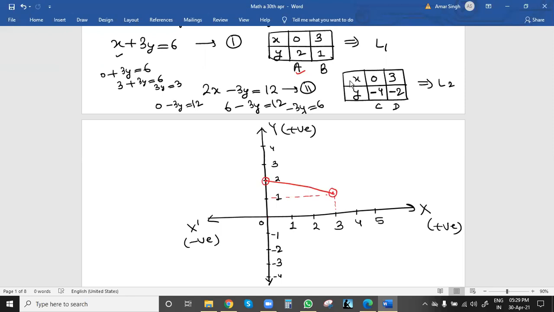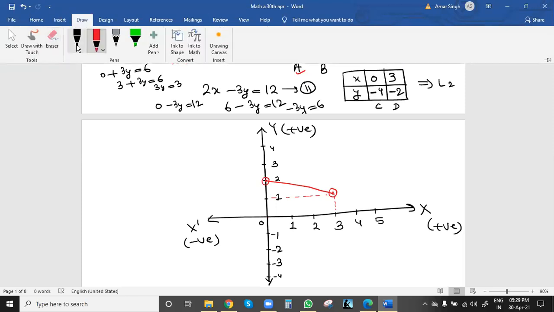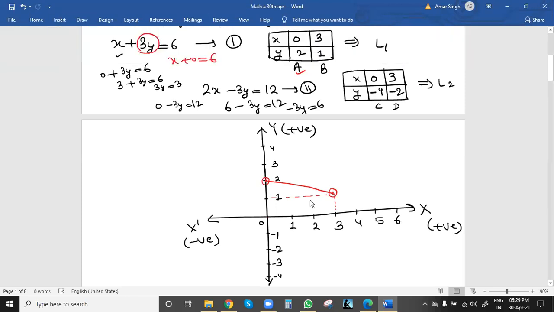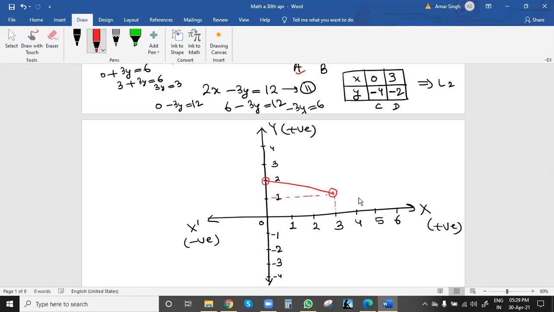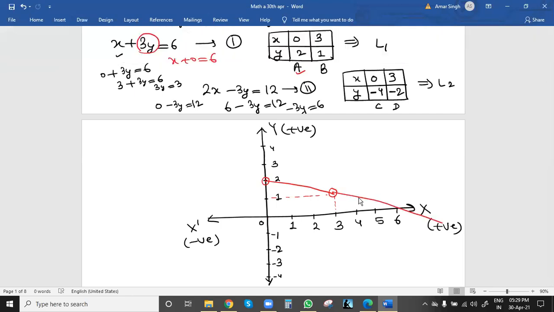Now this will cut the x-axis where y is 0. So x plus 0 will be 6, x equal to 6. So 6, 0 will be the passing point of this line.